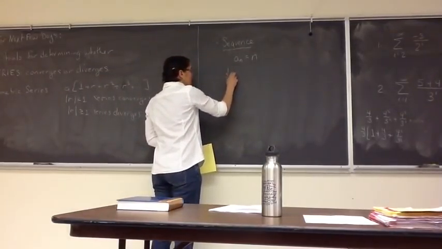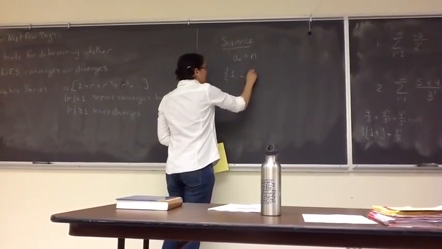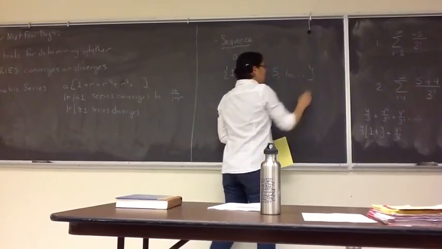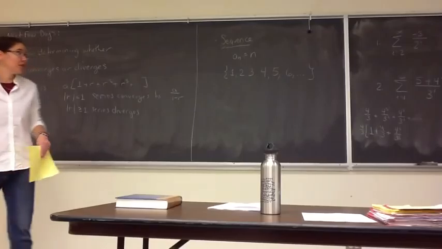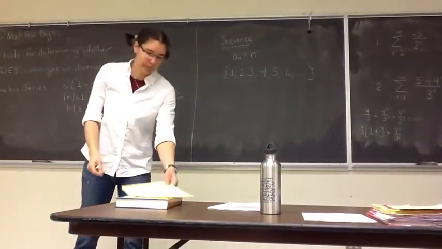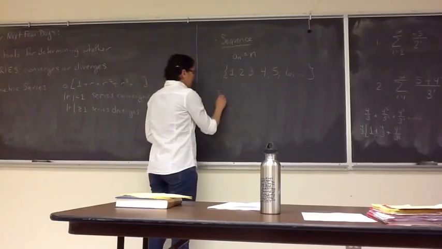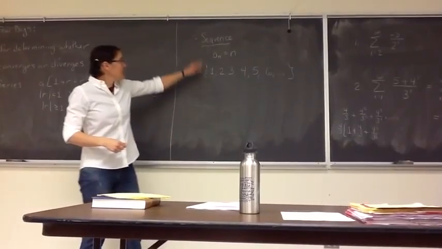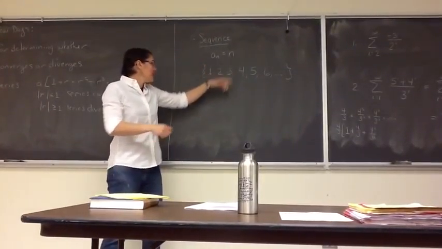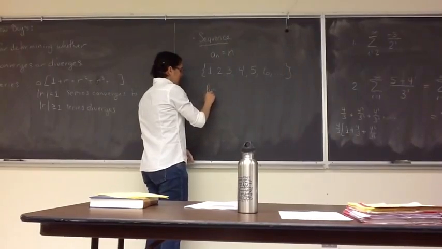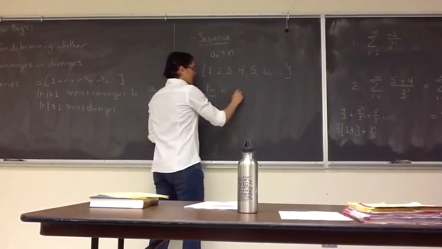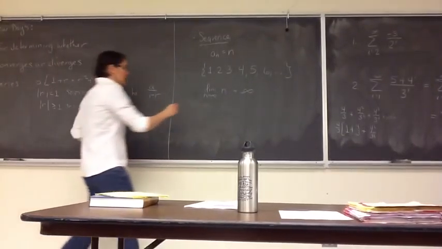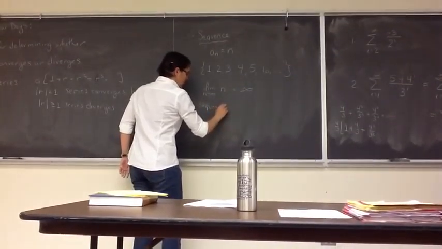This sequence looks like 1, 2, 3, 4, 5, 6, etc. The three dots at the end tell me that the sequence continues forever and ever. Now, as n gets really big, the limit as n goes to infinity of my terms keeps getting bigger, so my limit is equal to infinity, and so my sequence diverges.